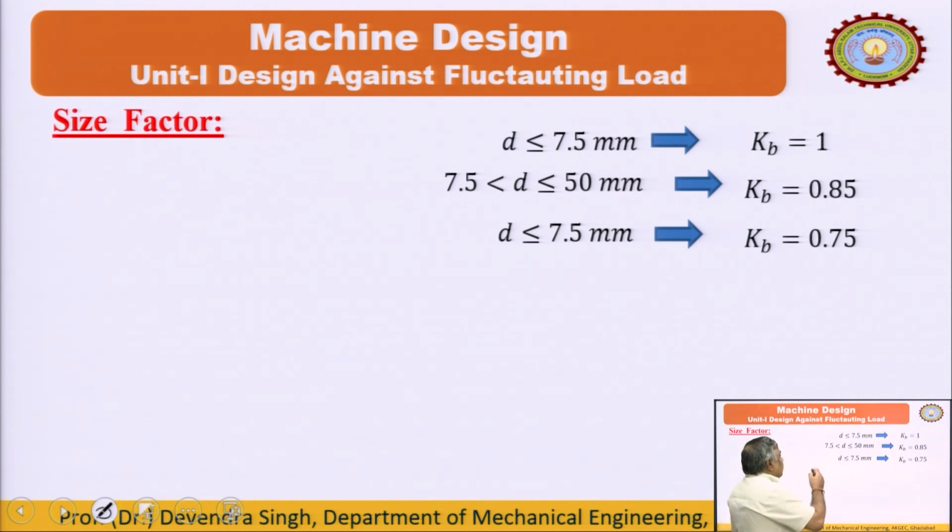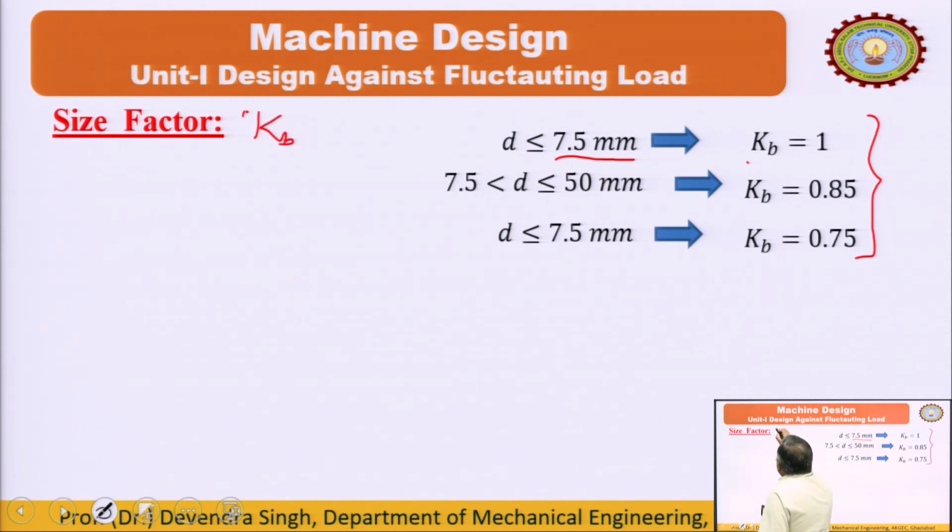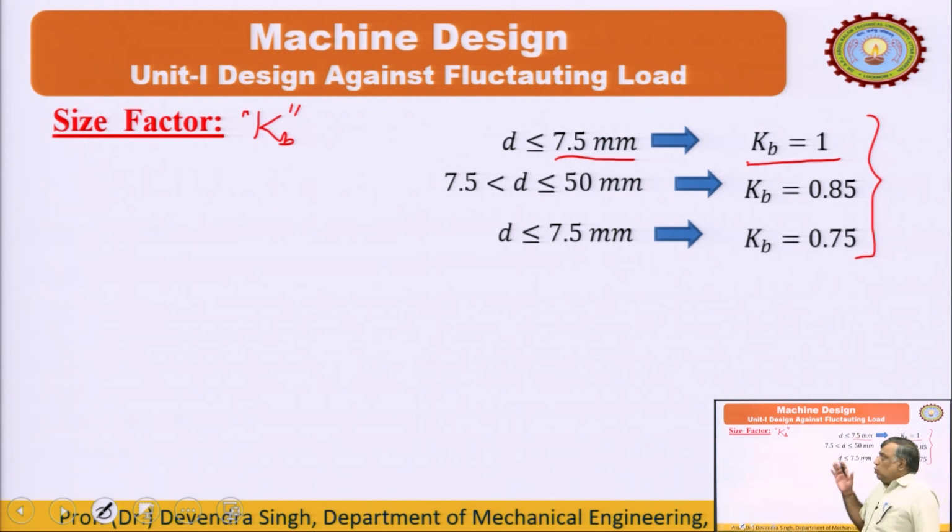For cylindrical components, and it is for bending and torsion only: if the diameter is 7.5 millimeter or less, then the size factor, denoted by Kb, is 1. It means it will not affect much, and the effect may be ignored.